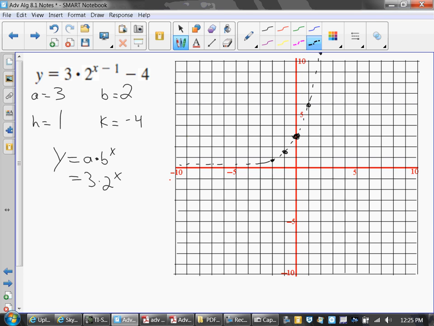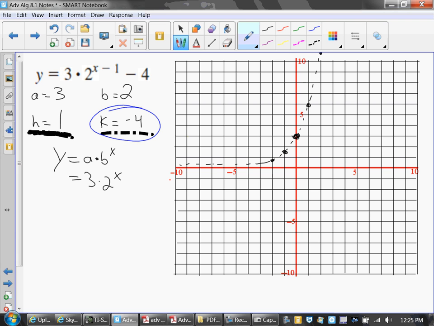Now, what do you think I have to do to each one of those points? Shift them. I'm going to the right 1 and down 4. So for each of these points, if you have a change of color, that'd be perfect.